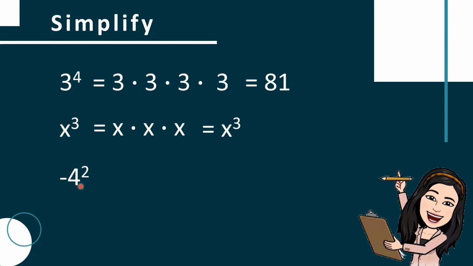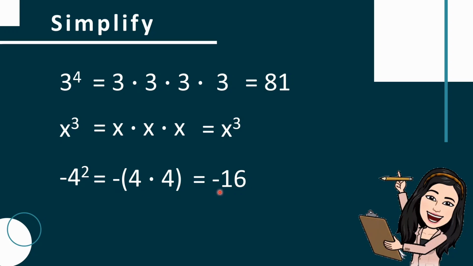So, ibig sabihin, ang negative 4 squared means negative times 4 times 4. Si 4 lamang ang minultiply ng dalawang beses, hindi kasama si negative. So, inilabas muna siya. So, 4 times 4 is equal to 16. And then copy the negative sign. So, negative 4 squared is equal to negative 16.